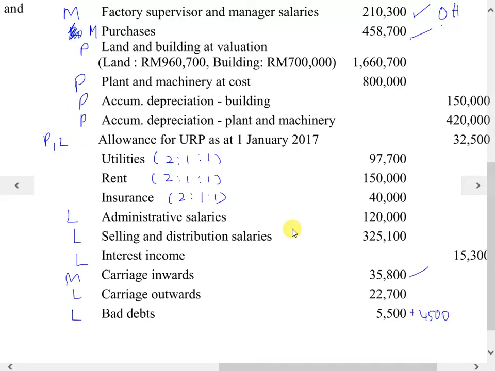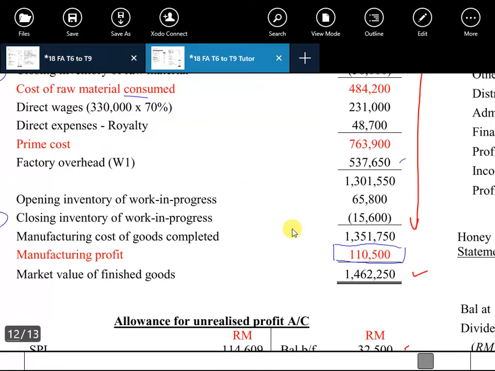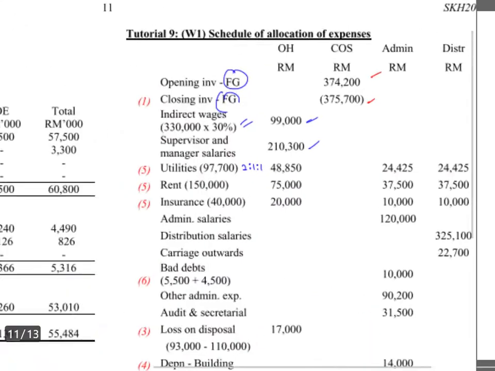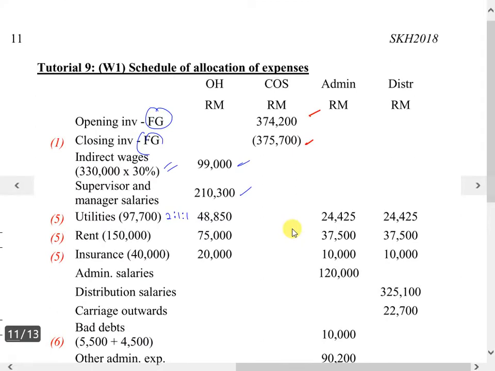So show this in your working here. Utility, rent, insurance, 2:1:1. Exam 3 marks. 2 to overhead, 1 admin, 1 distribution. Got it? Yes. Continue.